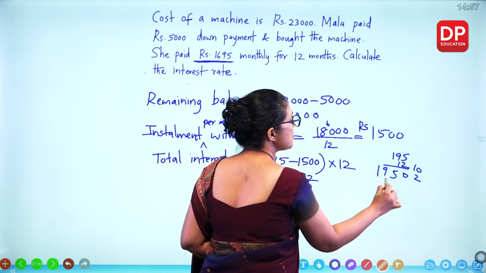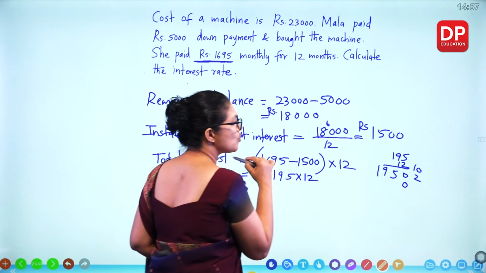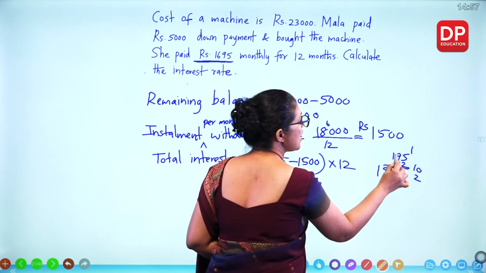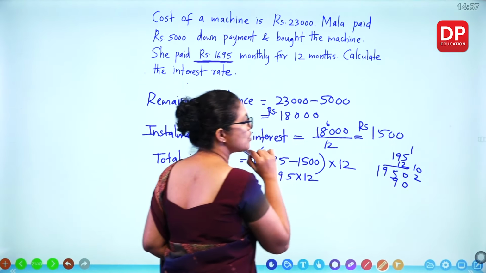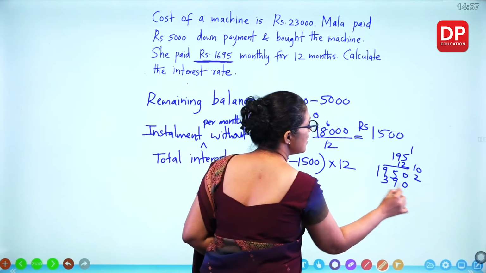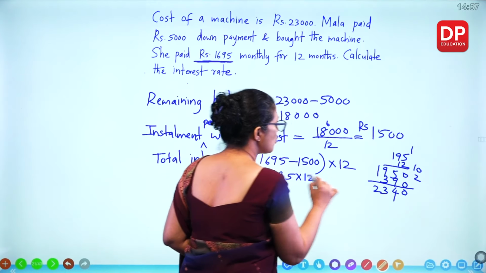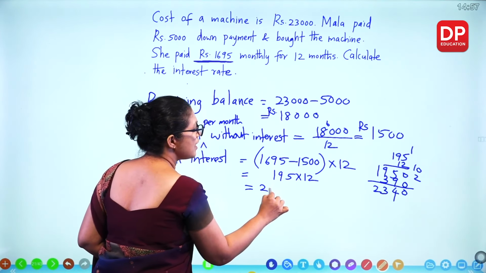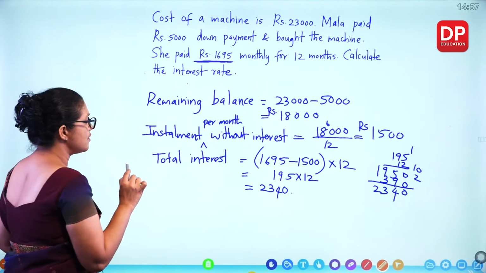So you first multiply by 10, multiply by 2, 2 times 5, 10, 2 times 9, 18, plus 1, 19, 1 remaining, 2 times 1, 2, plus 1, 3. 2,340. So that's the total interest.